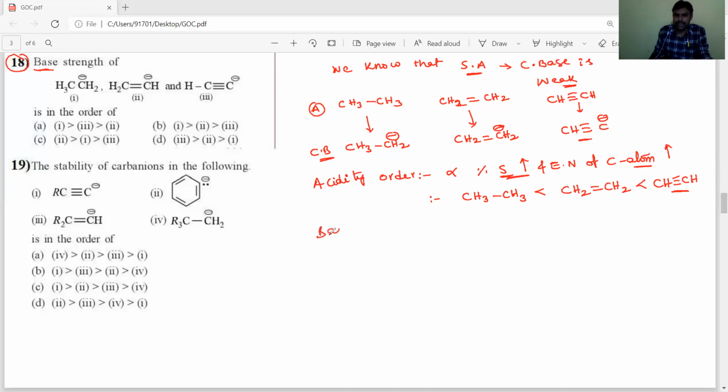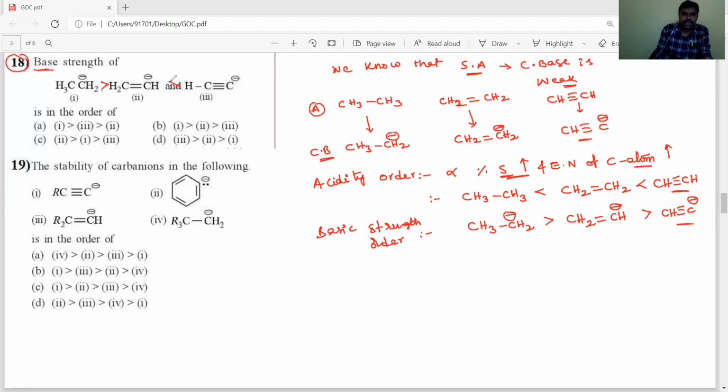So the basic strength order is CH3-CH2 minus is more basic than CH2=CH minus, and then CH triple bond C minus. Okay, students, according to this, the first one is more basic than the second and then the third. So that order is present in the second option. B is the correct answer.